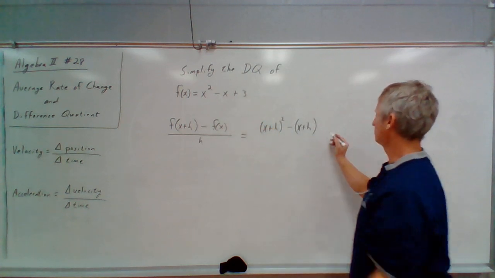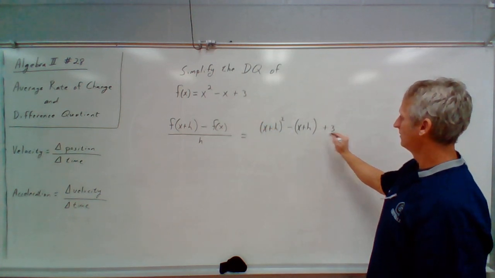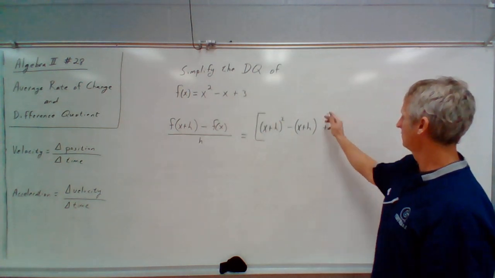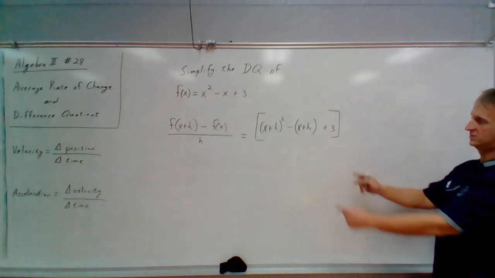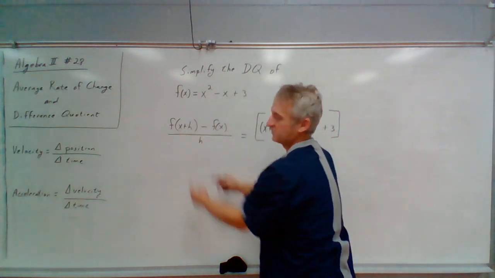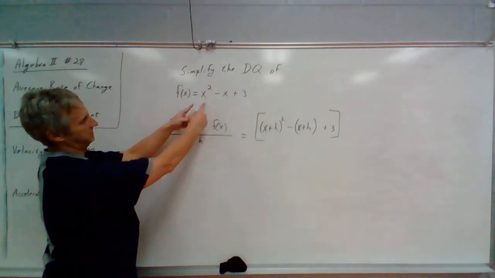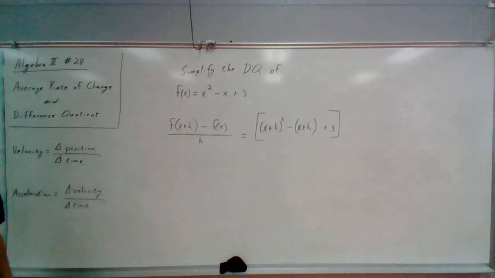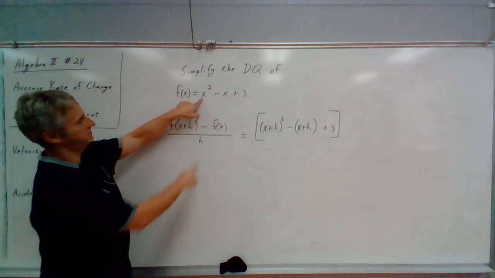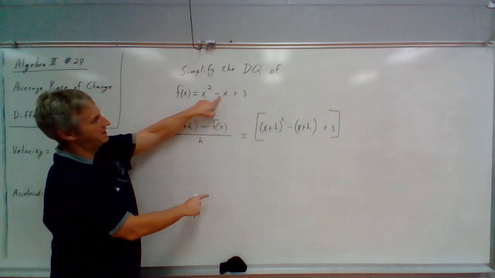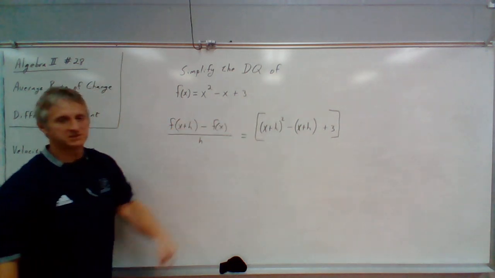And you still have a plus 3. So this whole thing is f of x plus h. Again, all I did was plug x plus h into that function: x plus h squared minus x plus h plus 3.